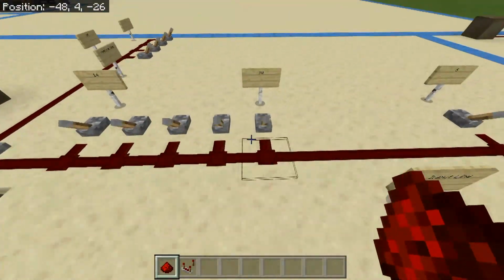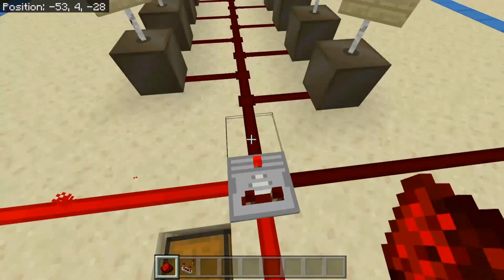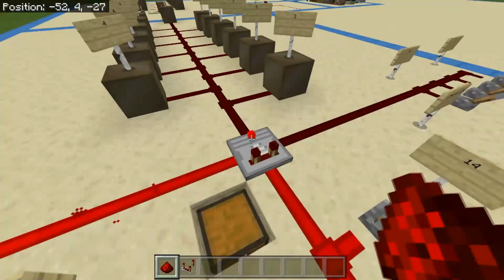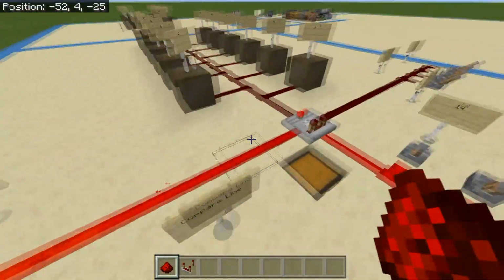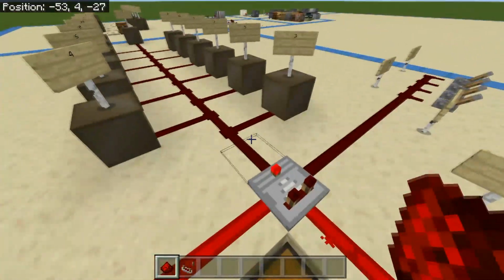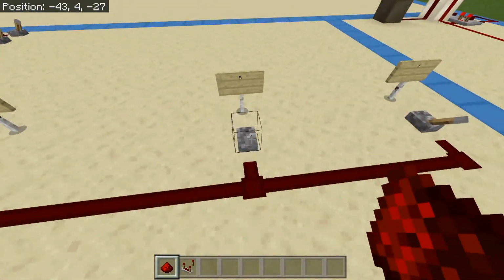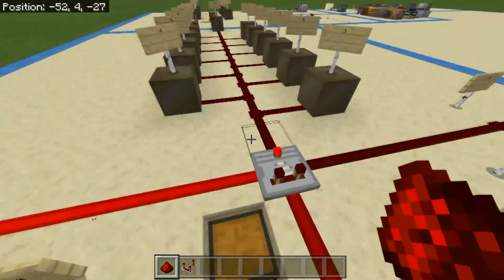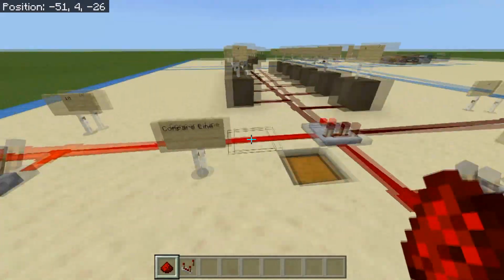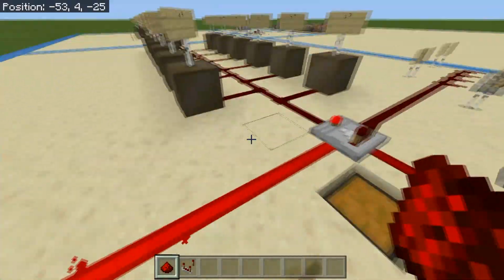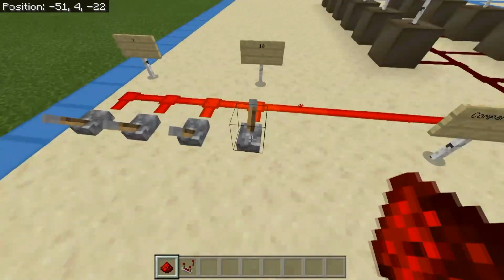If I turn off my 14 and I come back here to 10 and match the outputs, you can see that this time we have nothing, and that's because we are in subtraction. 10 minus 10 is 0. So we have no output. If I give it less of an output, so if we go 5 as well, we have no output as well. 5 minus 10 is obviously a negative number, and you can't do negative signals, so it just gives nothing.